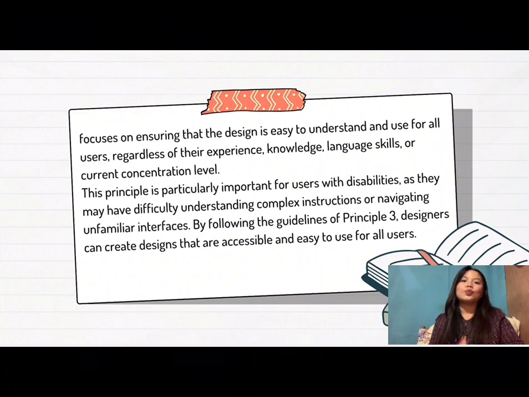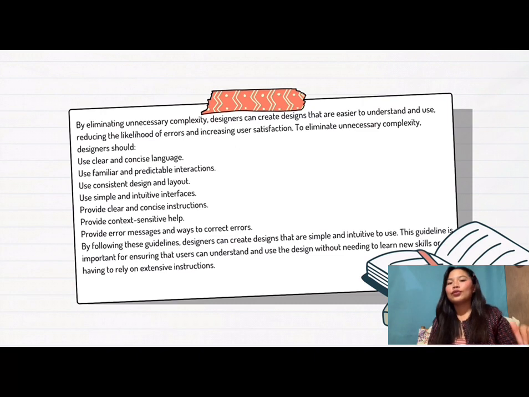This principle is particularly important for users with disabilities, as they may have difficulty understanding complex instructions or navigating unfamiliar interfaces. By following the guidelines, designers can create designs that are accessible and easy to use for all users. So first is to eliminate unnecessary complexity.